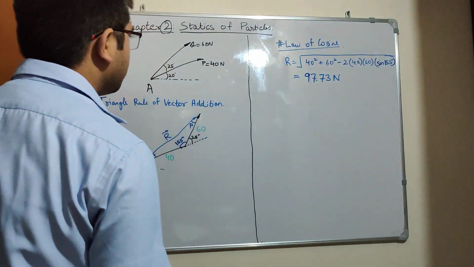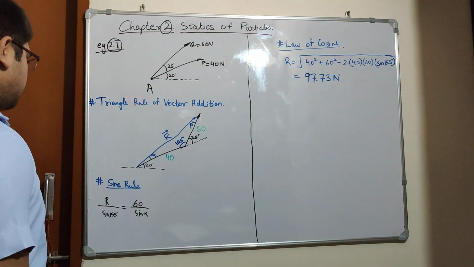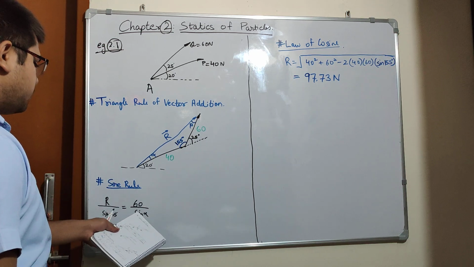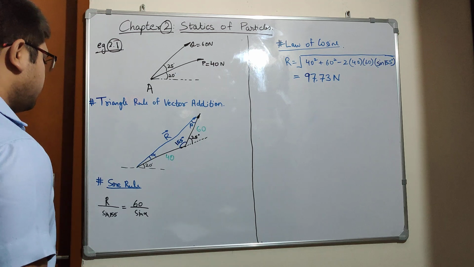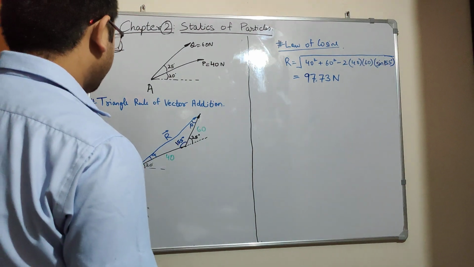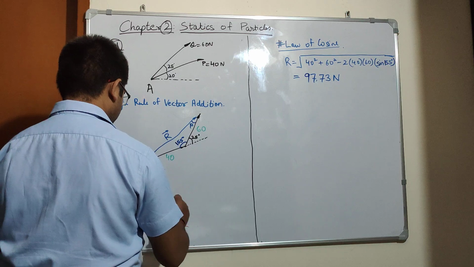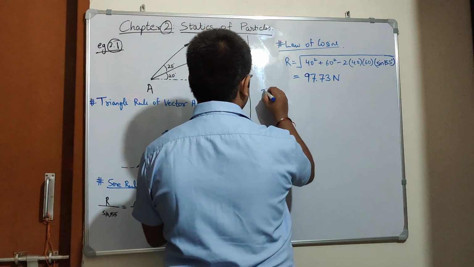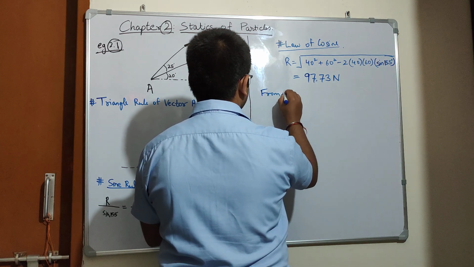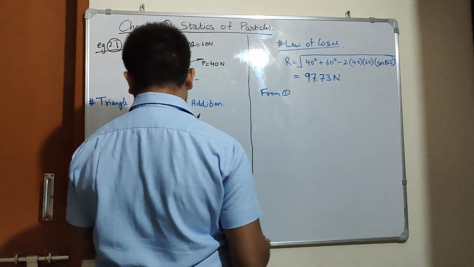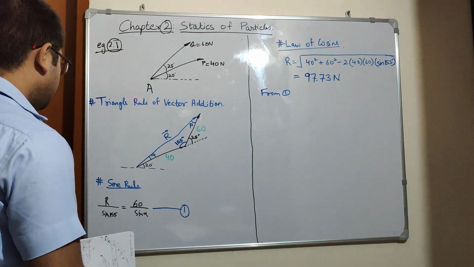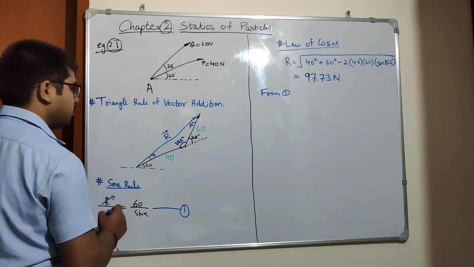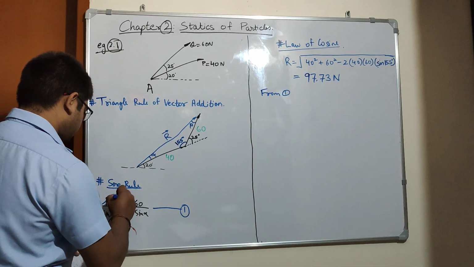Now we know R, we know sine 155, 60, we can calculate sine alpha. So from equation 1 we know R is equal to 97.73.